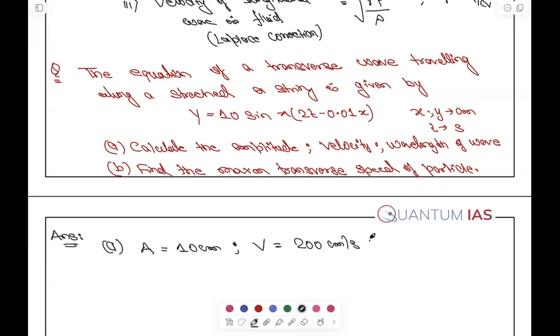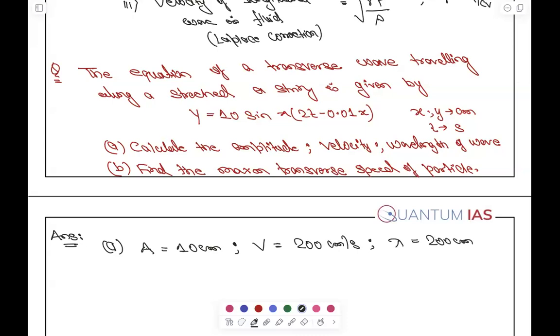Centimeter per second. खत्म. व्हाट इज वेवलेंथ? सो k x 200 pi centimeter. What is the value? 200 मीटर.